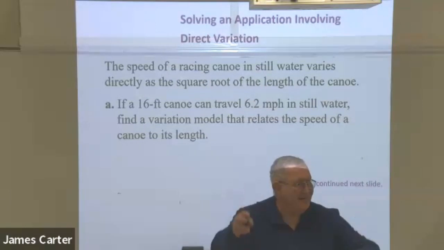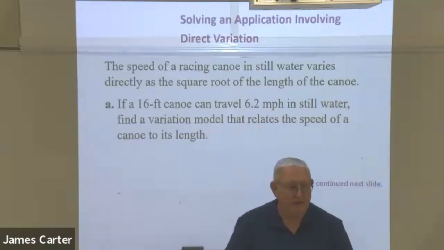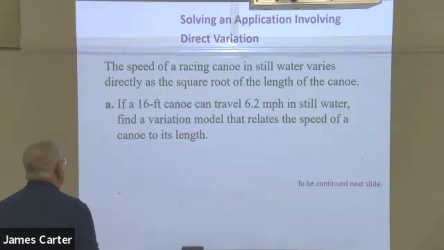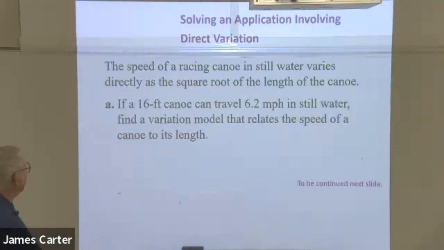Olympic canoe racing, where they've got 8 or 10 people in the boat? Yeah, it would make a difference. Might make a difference you going across the lake yourself. If a 16-foot canoe can go 6.2 in still water, find a variation model that relates speed to the length.